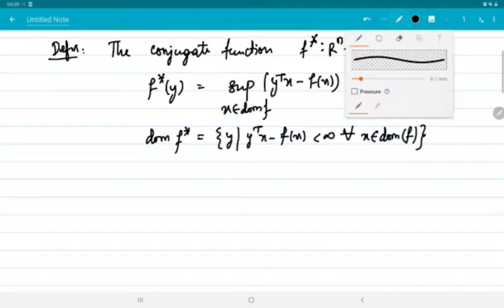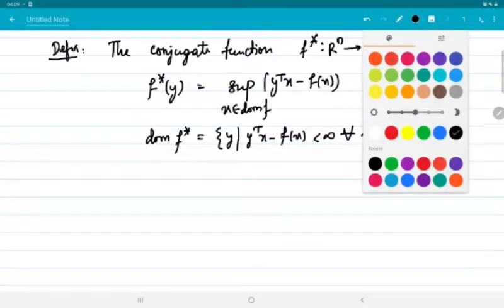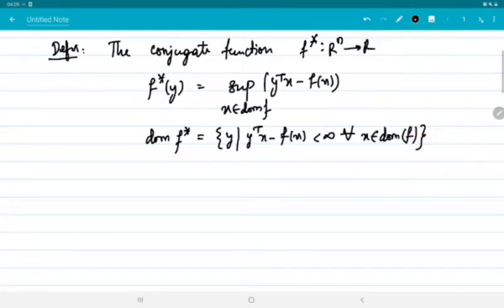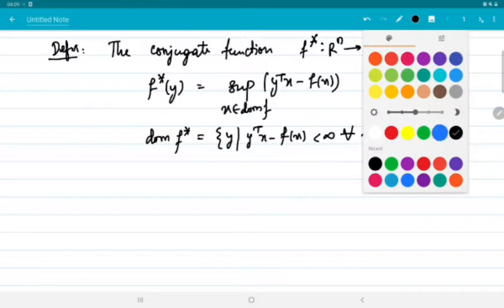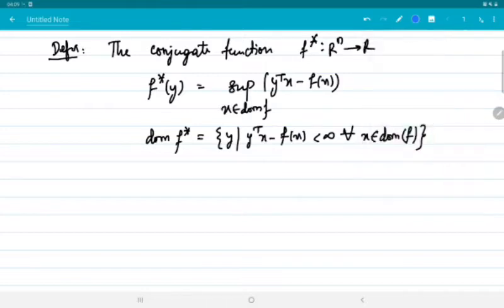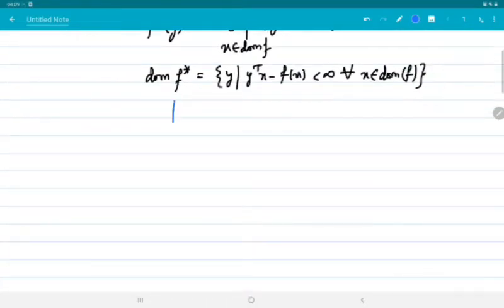Okay, so one way to visualize what is happening here is, suppose we have this kind of function.